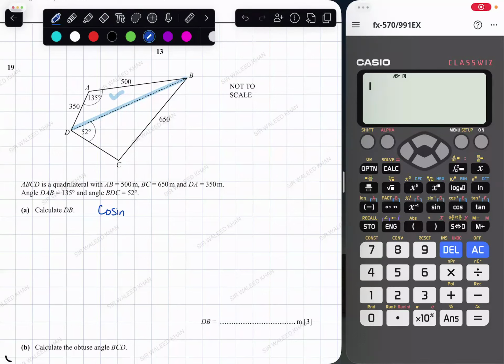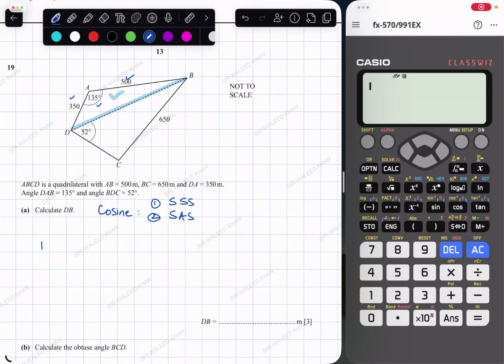And in cosine rule, we have two conditions. The first one, all sides are given, side, side, side. Second is side, angle, side, next to each other. Side, side, angle between. Okay. So we can use cosine rule.